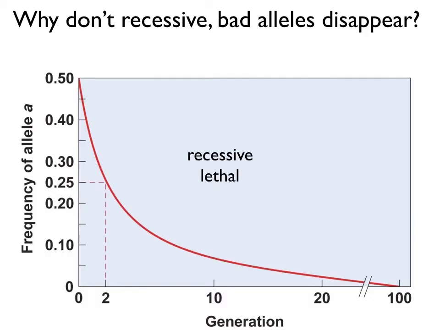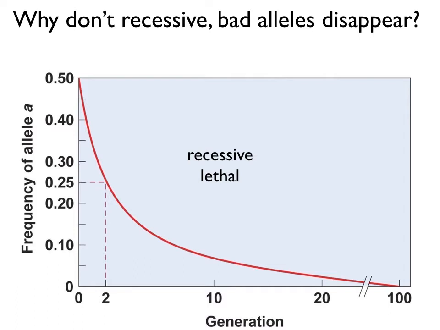Well, there's a great figure in the text that looks at the frequency of an allele, this lowercase a, that is lethal. So this is a recessive allele that is lethal. So if you're homozygous for this, you're dead. Okay? You would think that this would be the most rapidly removed allele from a population.